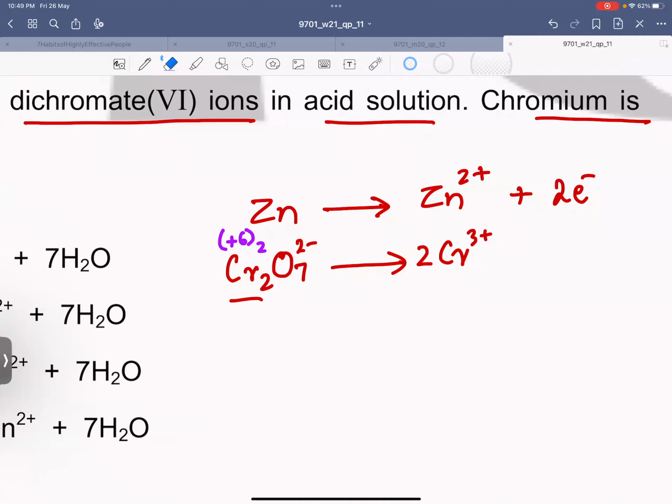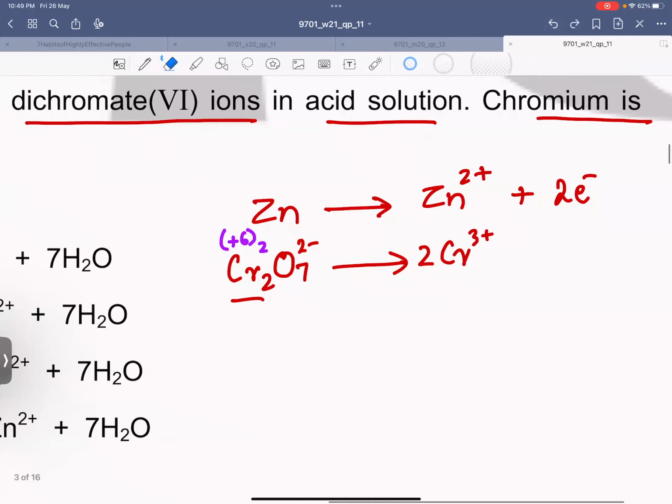Each chromium has a +3, so here the charge would be plus 6, and here the charge would be plus 12. So we can say that 6 electrons are gained.